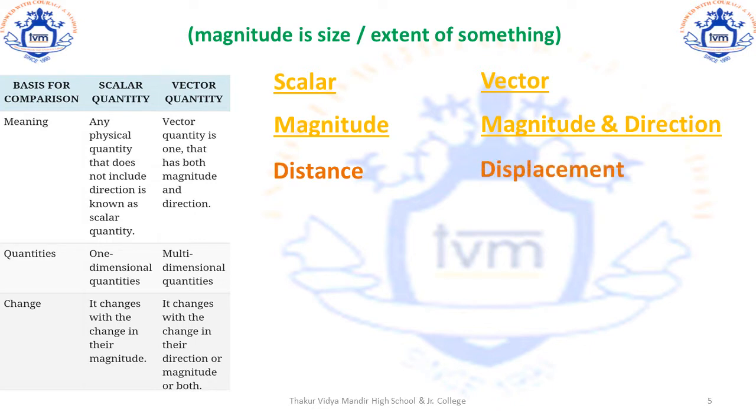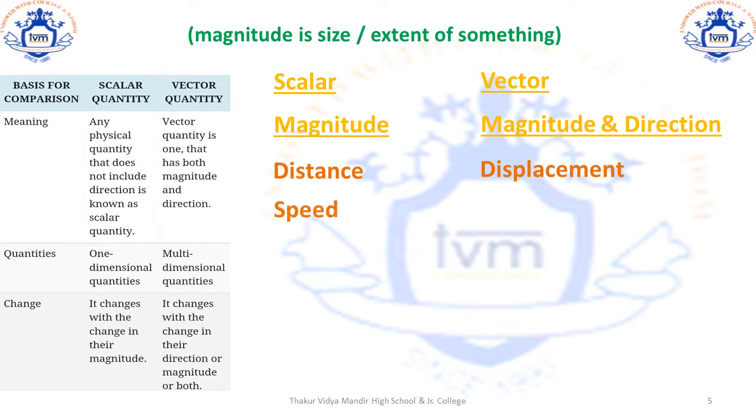Now what about speed? If I tell you that a bus is moving 50 kilometers per hour, since I don't know the direction, I just know that it is moving at this speed. Speed is a scalar quantity.